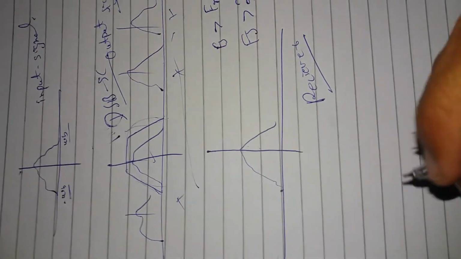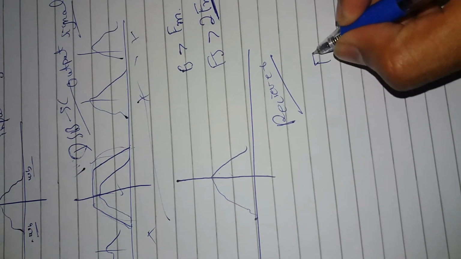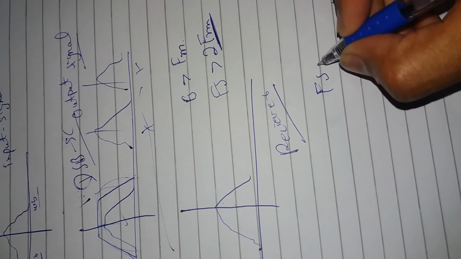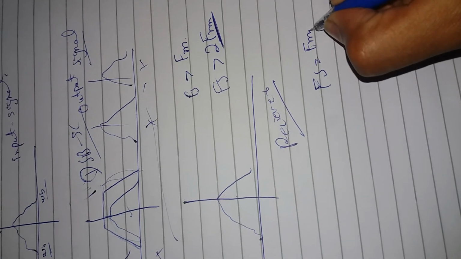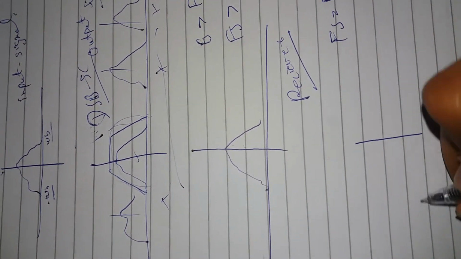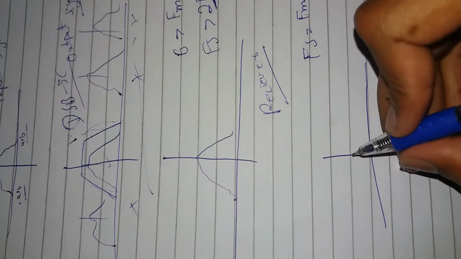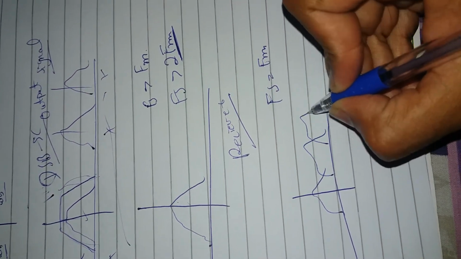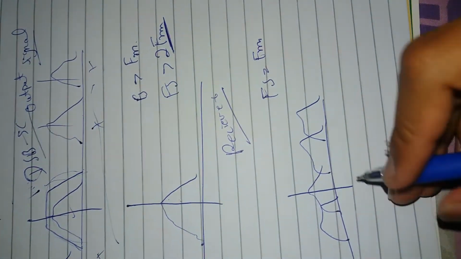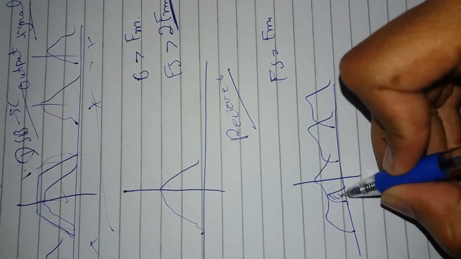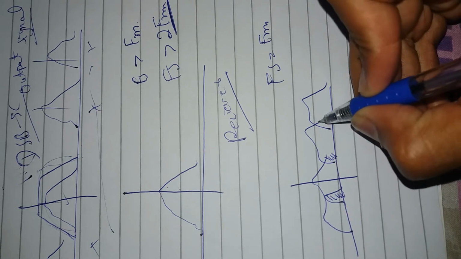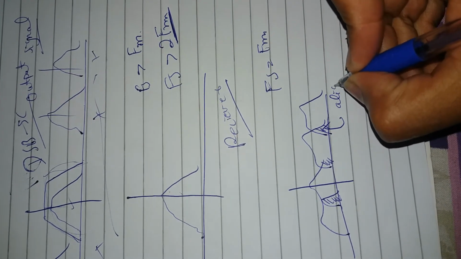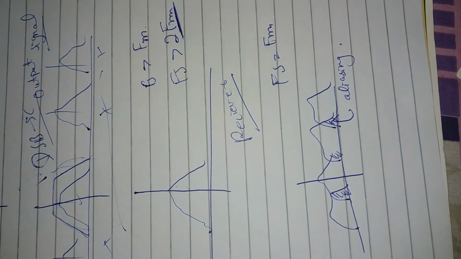If we don't do that, let's suppose we took our sampling frequency equal to fm, then what will happen is that we're going to get an overlap. Basically, this is the overlap of these signals, and this overlap is called aliasing.